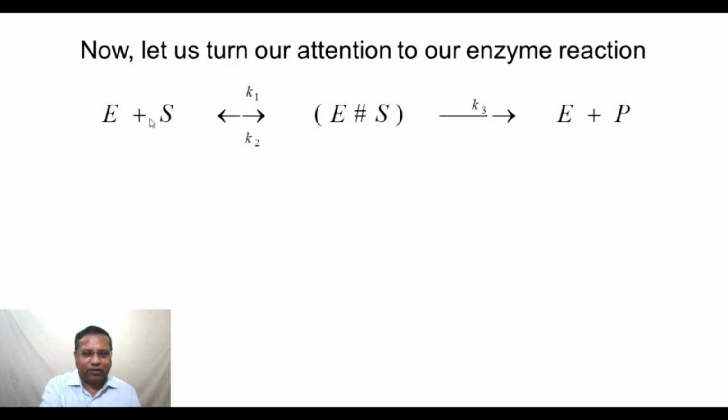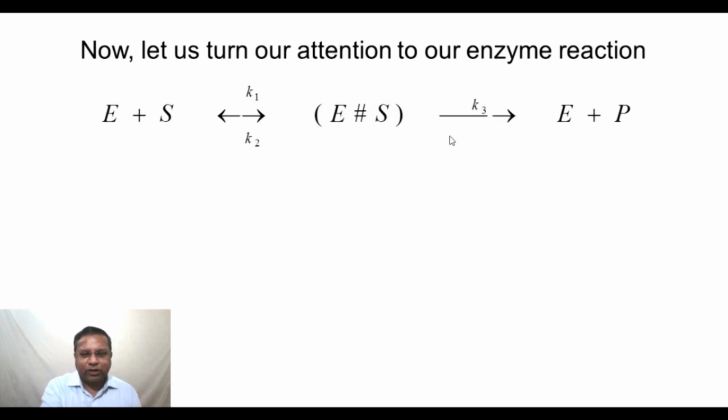enzyme reacts with the substrate in a reversible fashion. The rate constant of the forward reaction is K1, the backward reaction here is K2. This is a reversible reaction to form an enzyme substrate complex. And this reaction is fast, and it's also an equilibrium reaction. The K1 is rather high.